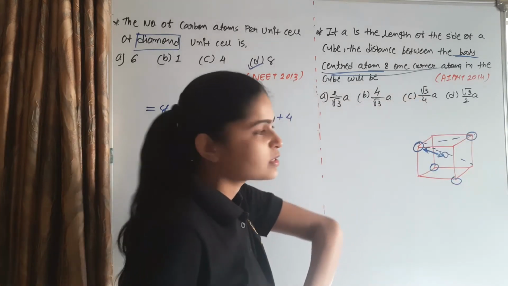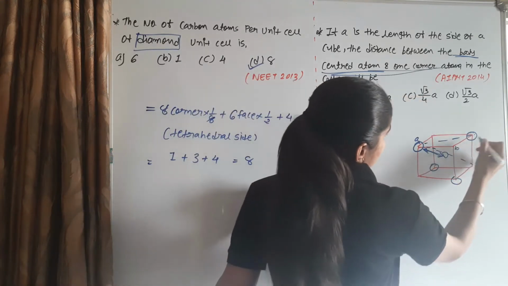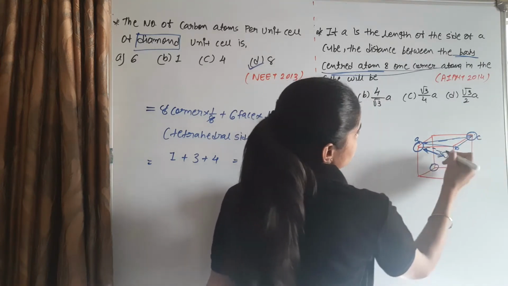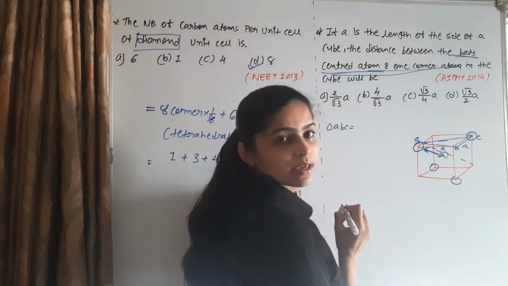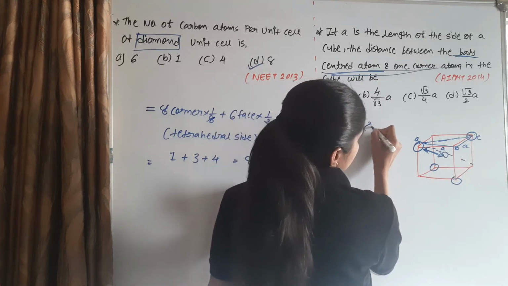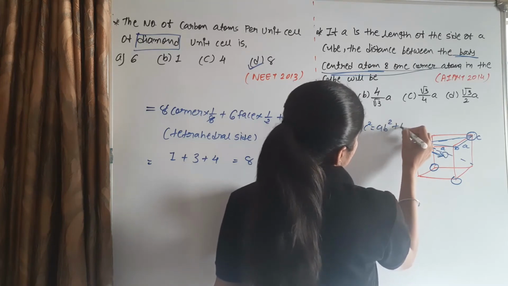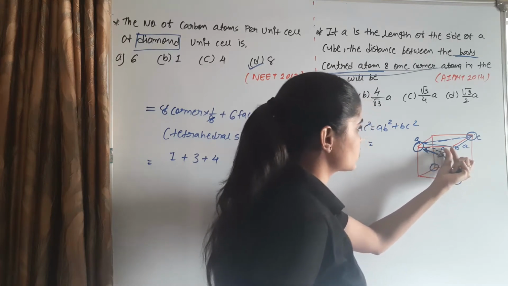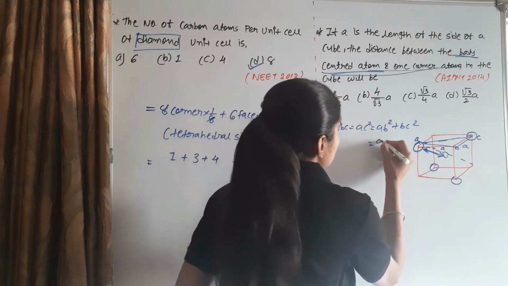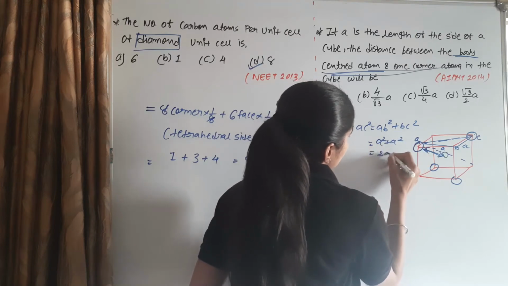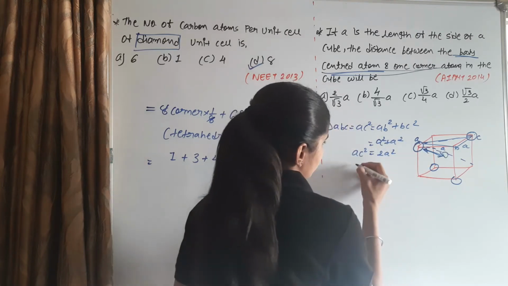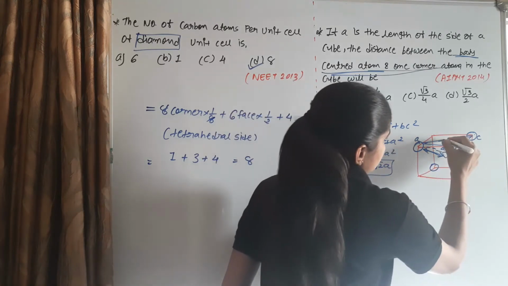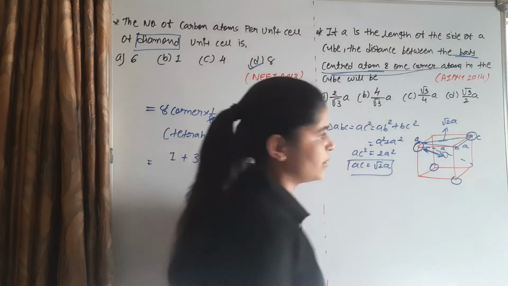Consider triangle ABC with edge length a. AC² = AB² + BC², and AB is edge length a. So a² + a² = 2a² = AC², and AC is equal to √2 a.